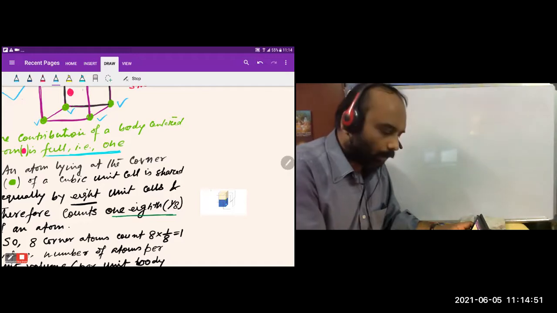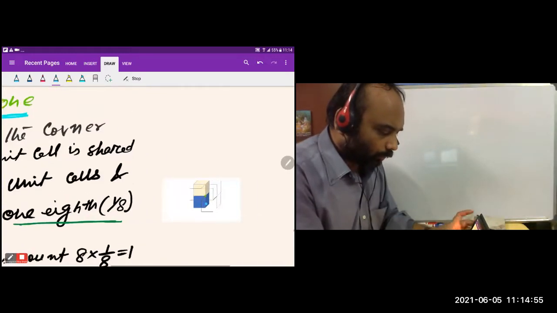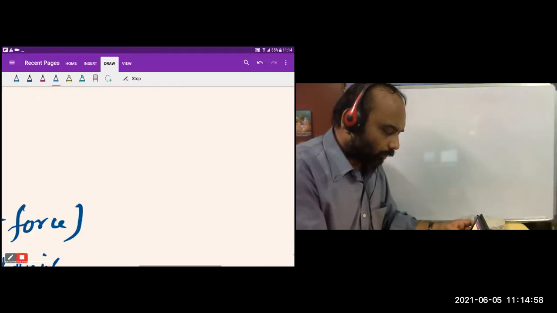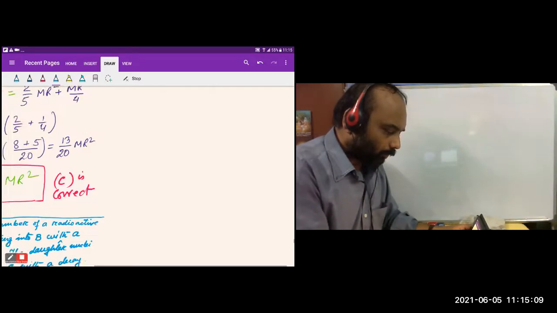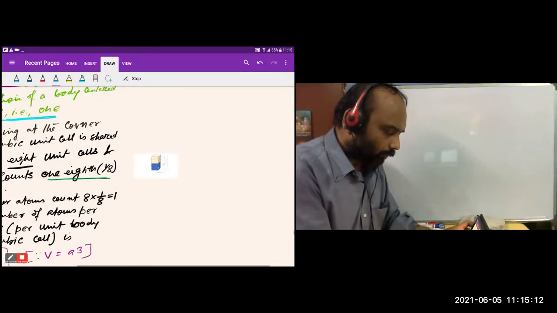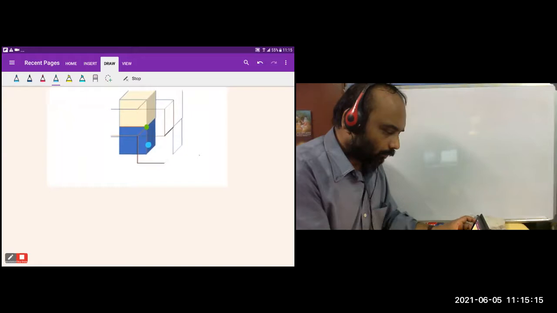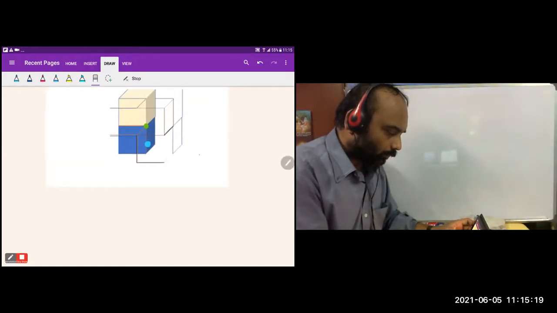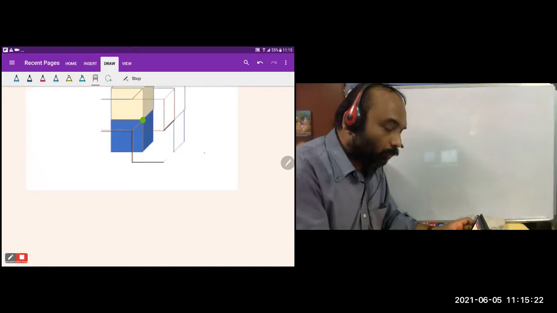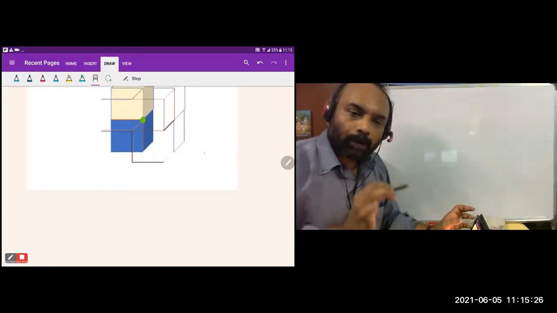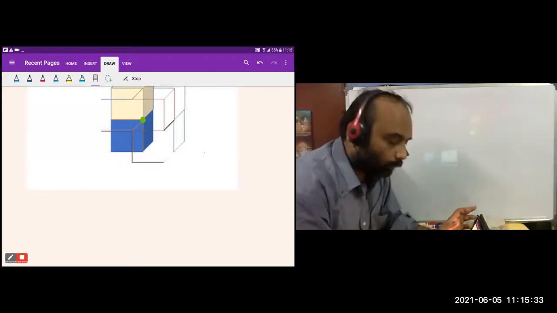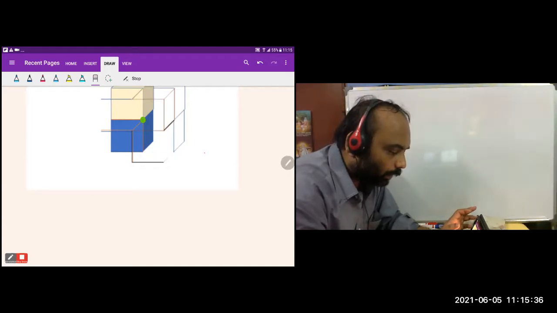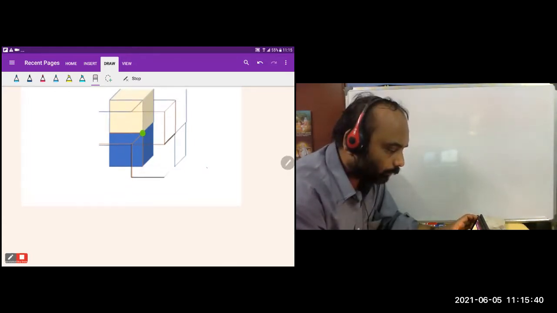You can see here, this blue one is my BCC1, and I have considered one corner atom, that green dot.